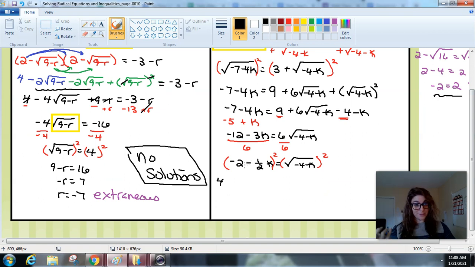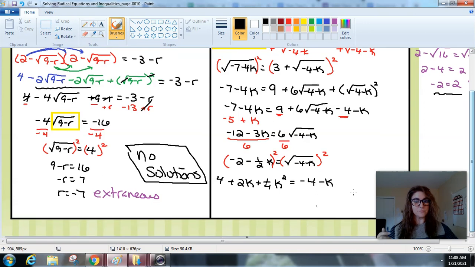Then I'm going to repeat it because there's 2 sets of those, right? -2 times -1/2, and then I would do a -1/2 times a -2. So +1k, another +1k, that's a +2k. -1/2 k times itself is going to be a +1/4 k squared, and then -4 minus k.